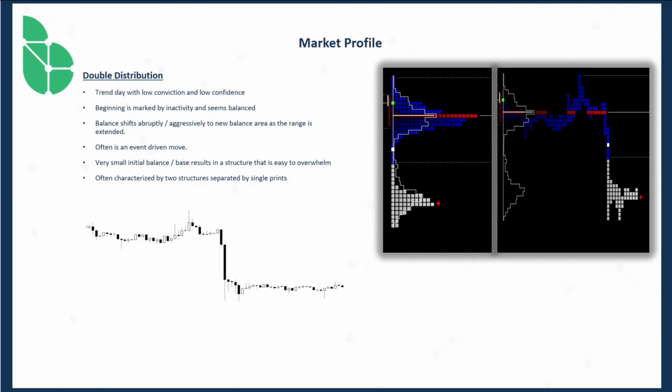But I don't want you to get hung up on the definitions. When you're looking at these patterns, you want to be able to identify whether or not the market is in balance or not, and whether or not when it's moving in a certain direction, it's doing a good job of getting there. Is it being supported by buyers? Is the market selling off continuing to be supported by sellers? Are we starting to see a shift?